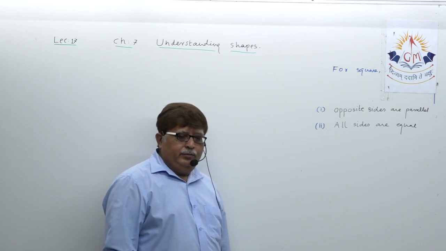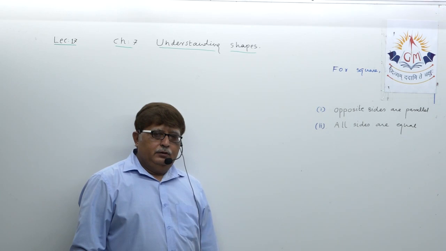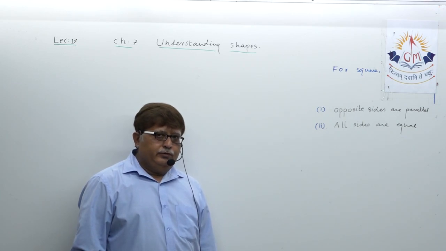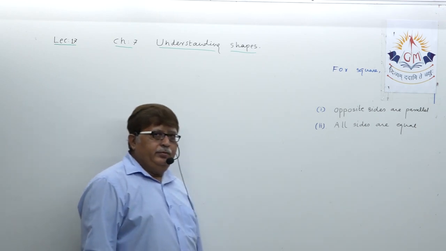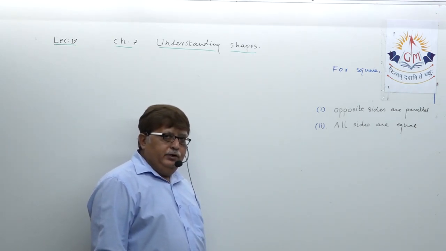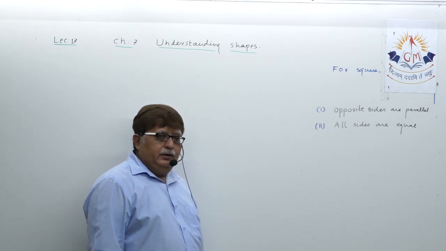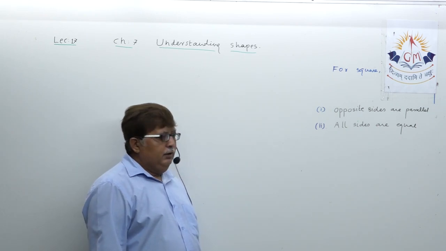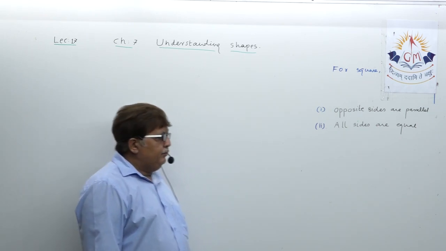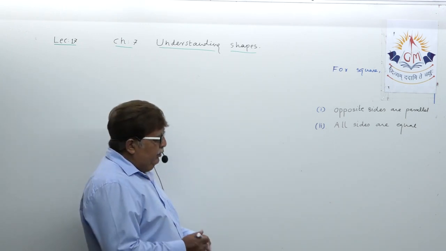If you can remember, in the same way we listed out some of the properties of rhombus at that time also. We listed out these two properties: opposite sides are parallel, all sides are equal.